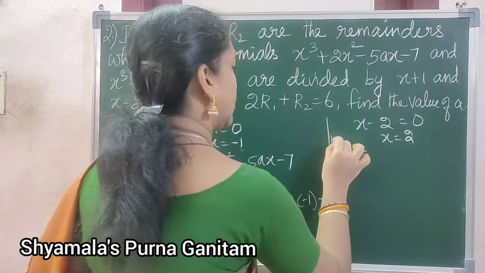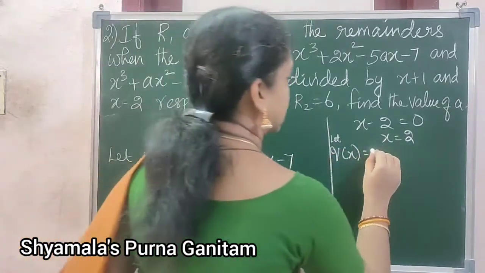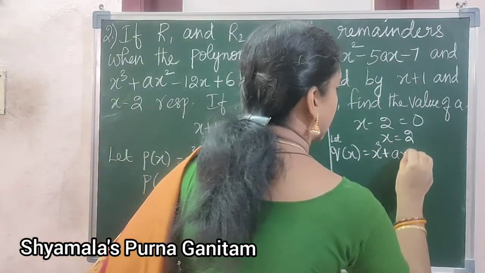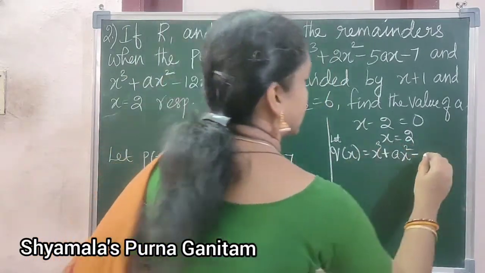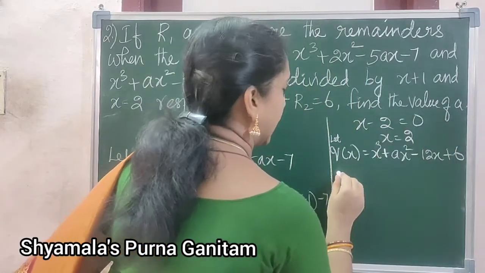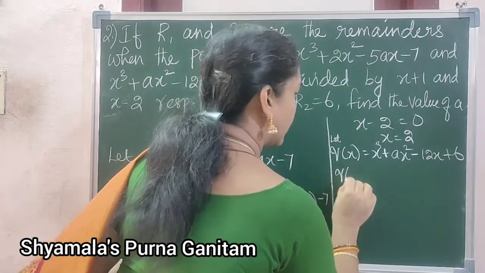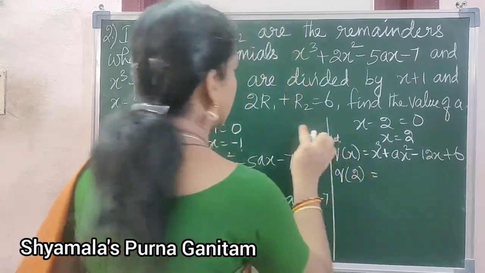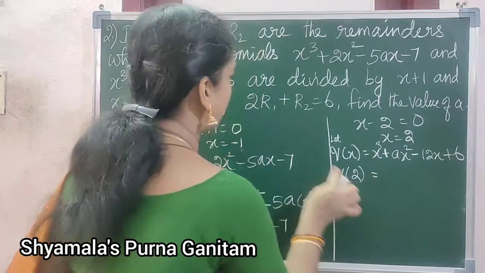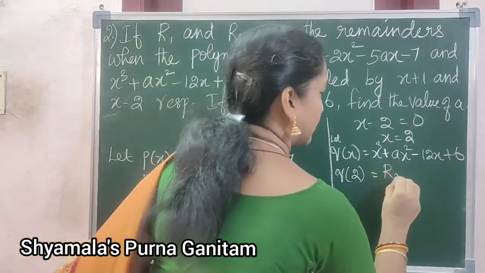So, let q of x is equal to x cube plus ax squared minus 12x plus 6. We are dividing it by x minus 2, so q of 2 is equal to R2.